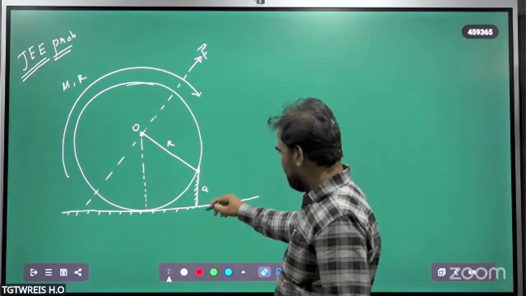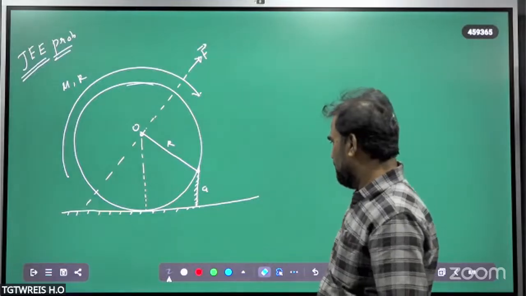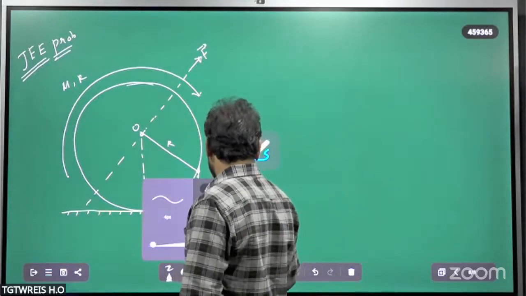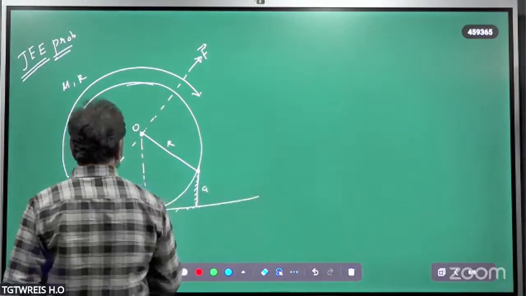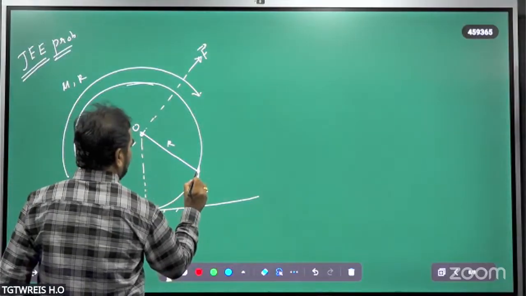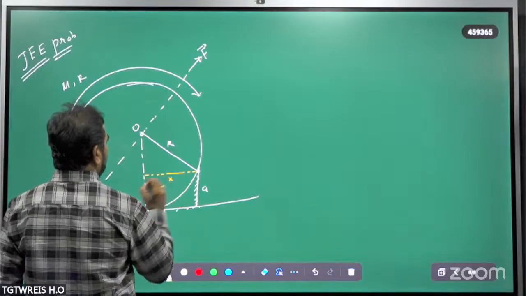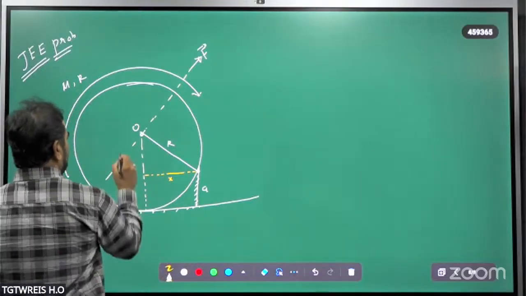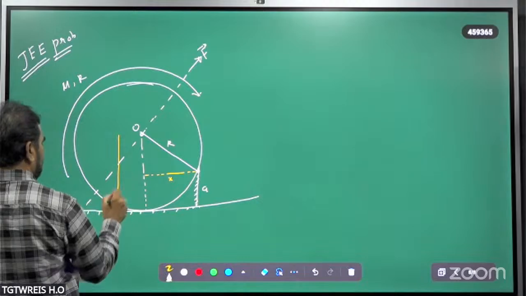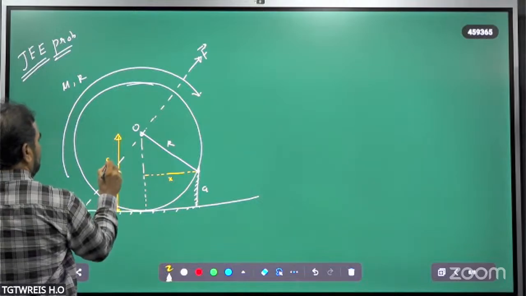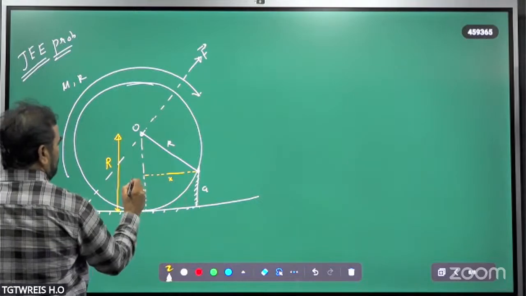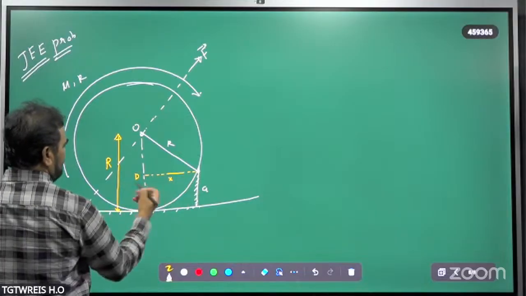The height of the wheel is given. Draw a perpendicular from here, and another perpendicular here. This total length is r, which you already know. The distance from this point to this point we don't know.